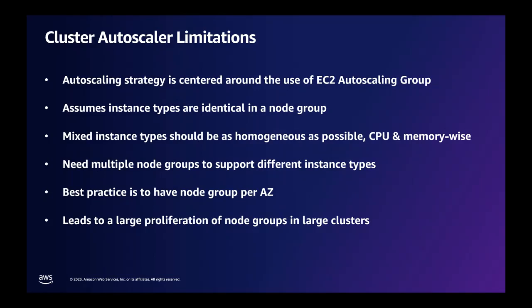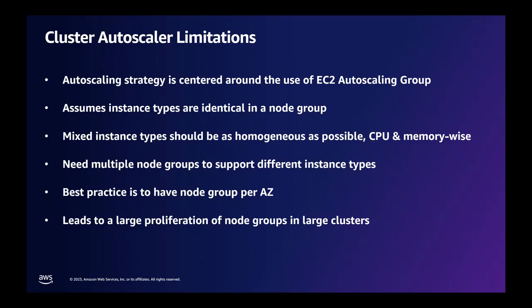Cluster autoscaler works all right for most of the applications and workloads. However, as Kubernetes and EKS have gained broader adoption, customers are moving a variety of different workloads to EKS, and that's introducing some challenges. Cluster autoscaler relies on the concept of EC2 autoscaling groups to manage cluster capacity.